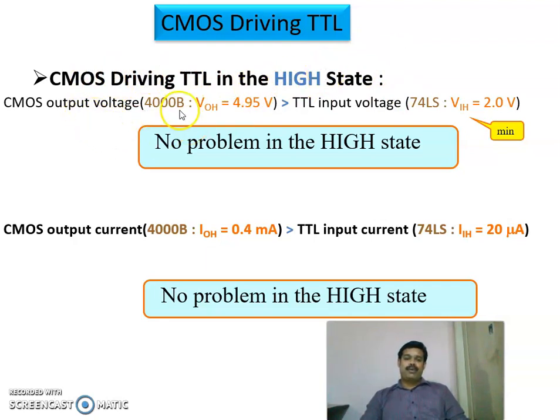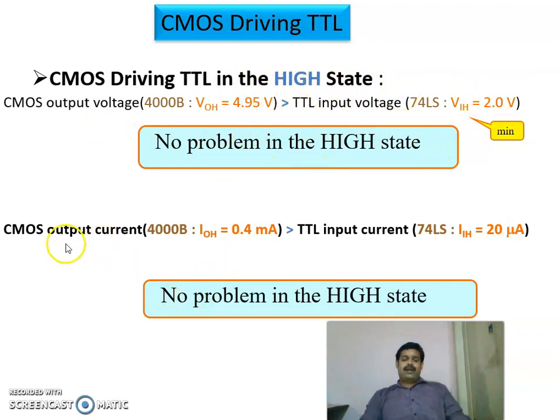The CMOS output voltage is 4.95 volts. This 4000B is a series of CMOS, a particular model IC. Its output voltage is 4.95 volts, and it is greater than the TTL input voltage, that is 2 volts. So there is no problem in the high state.